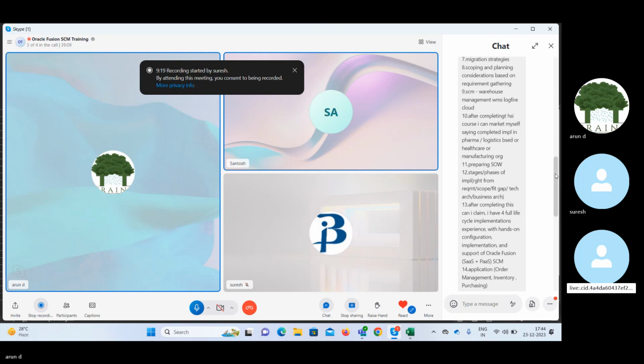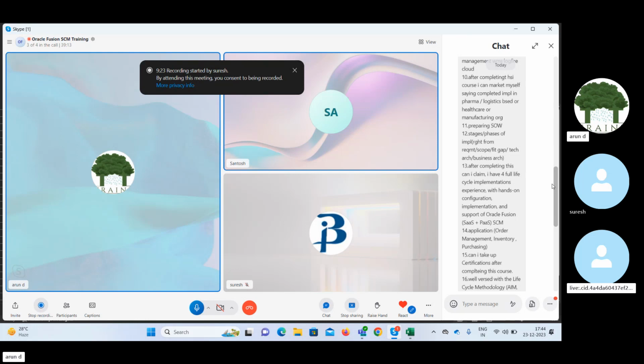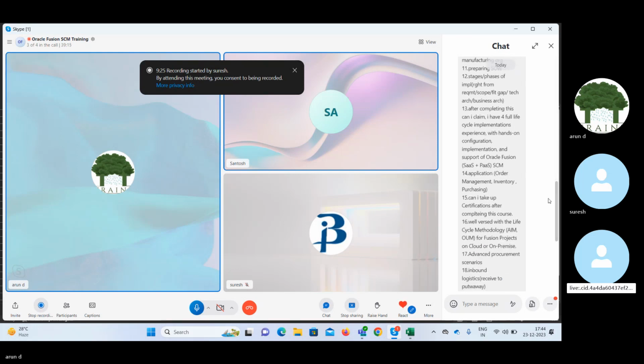Sure, got it. On the 13th one, after completing this, is it safe to say that I have done 4 to 6 full life cycle implementations using procurement, order management, inventory and all? Do you think this knowledge is sufficient?